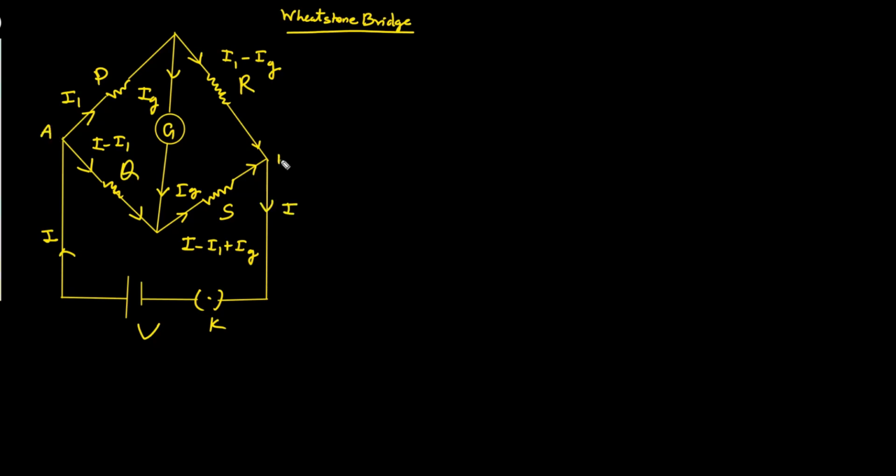Let's say this is A, this is B, this point is C and this one is D. Now what is the functioning or condition of the Wheatstone bridge?